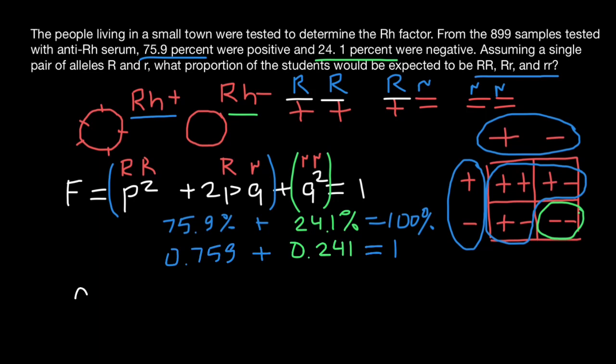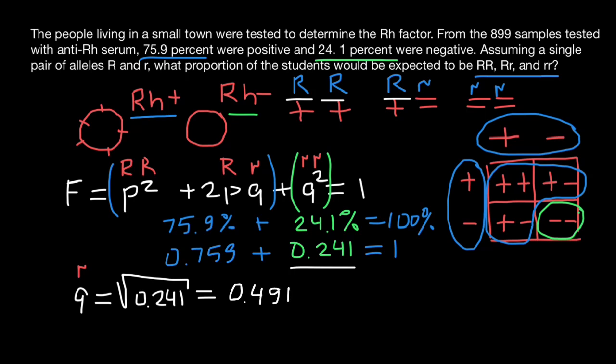Now we have to find the frequency of q, the recessive r allele, which equals the square root of 0.241, which is 0.491. And what is the frequency of the allele p, the dominant allele R? It is very easy: we deduct 1 minus 0.491 and get 0.509.